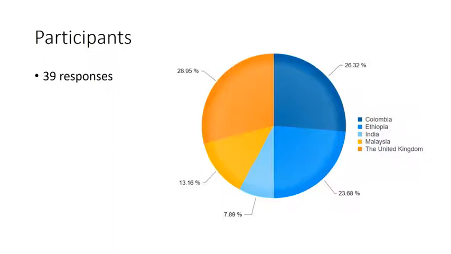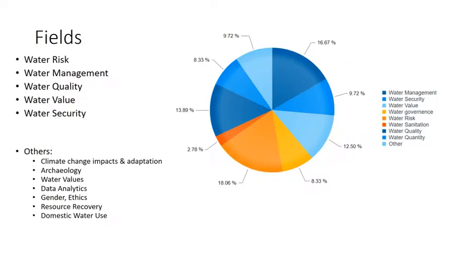I asked the people from the Hub project to attend this online survey. I received 39 entries, responses to the survey, where the majorities were from UK, Colombia, and Ethiopia. I wanted to understand what the major research they're doing in the Hub project is.